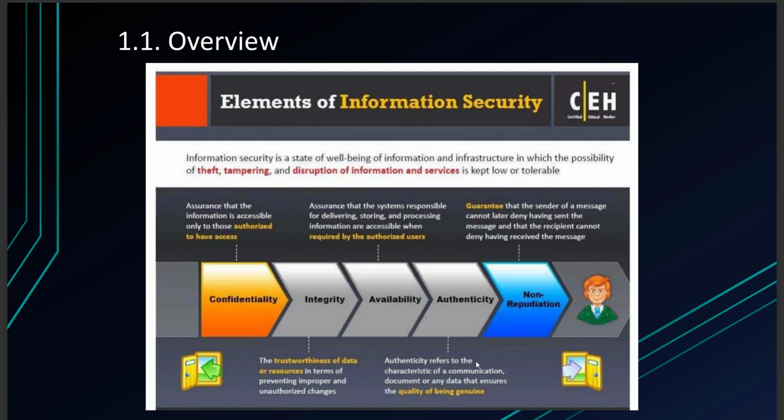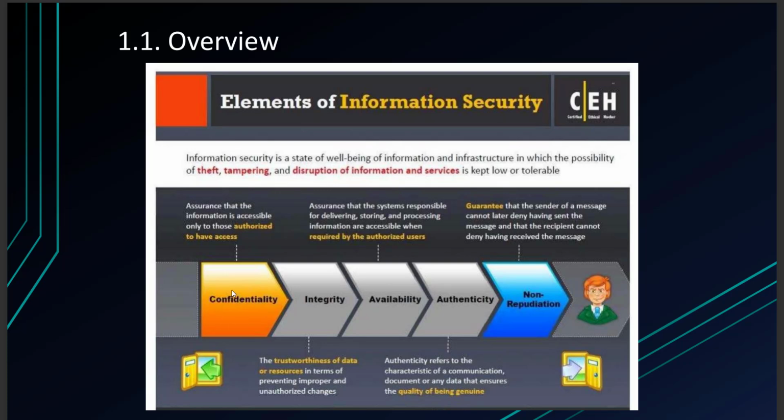So what are the elements of information security? We all know that the information and infrastructure of a company can be tampered with, manipulated, stolen, disrupted, and corrupted as well. That's why the regulators and the industry have set rules to keep cybersecurity and information security safe.